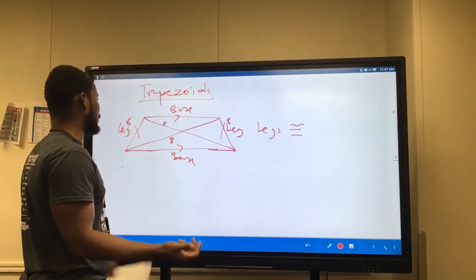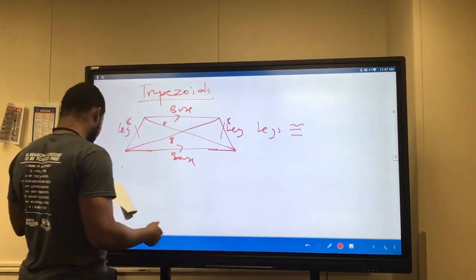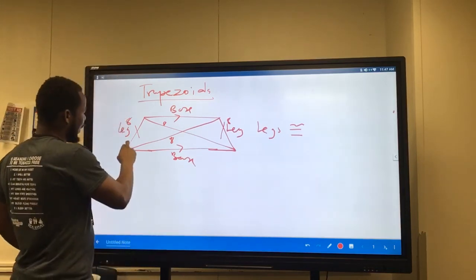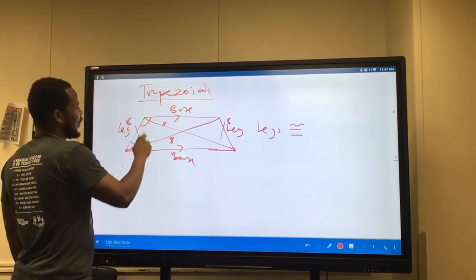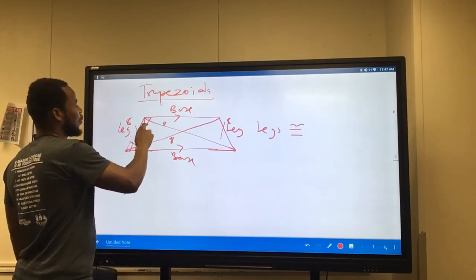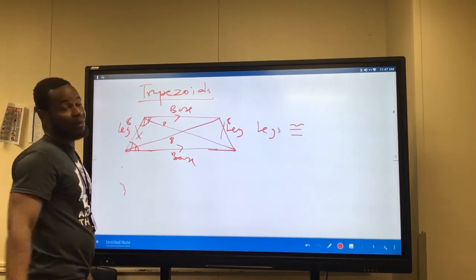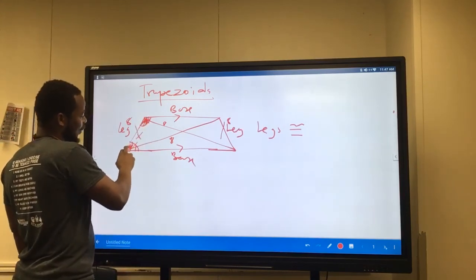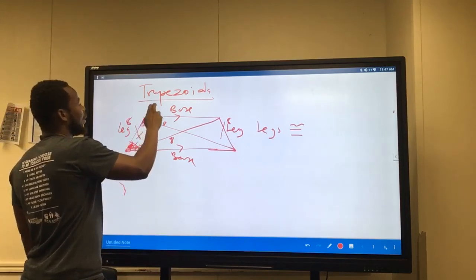Now let's talk about the angles. The angle at this leg and the angle over here, this one plus this one, are supplementary. Do you guys remember what supplementary is? That means this angle here and this angle on this side add up to 180.